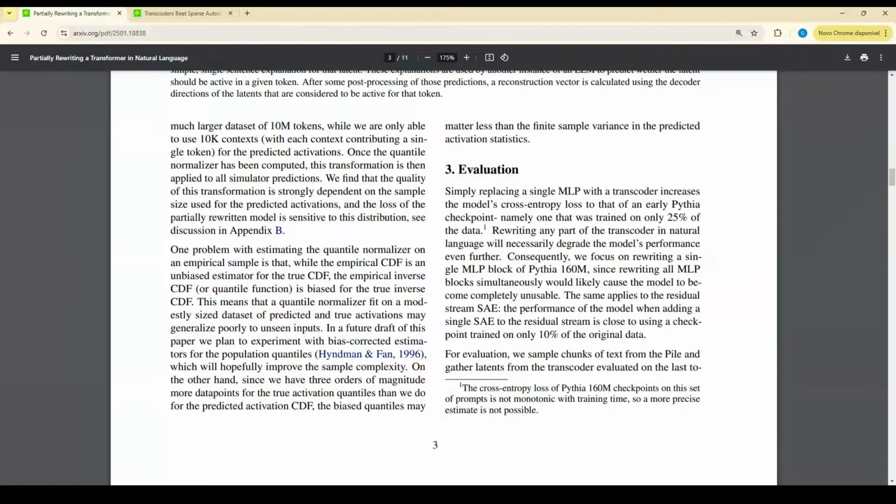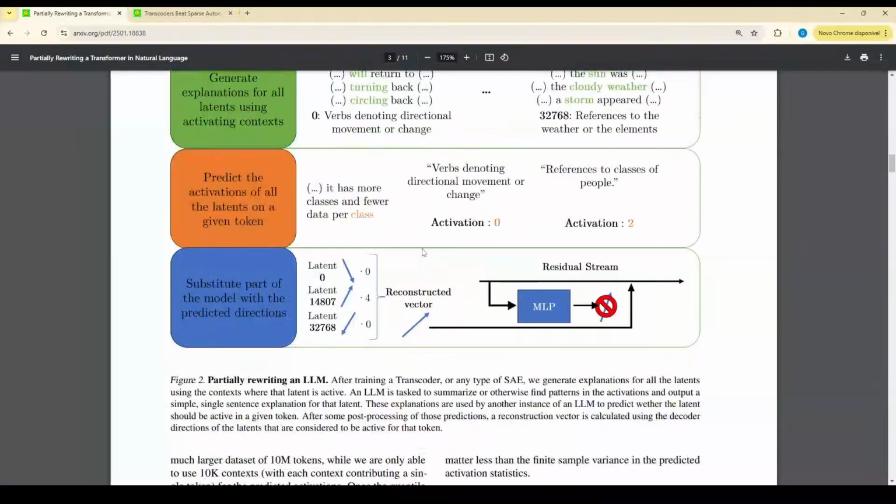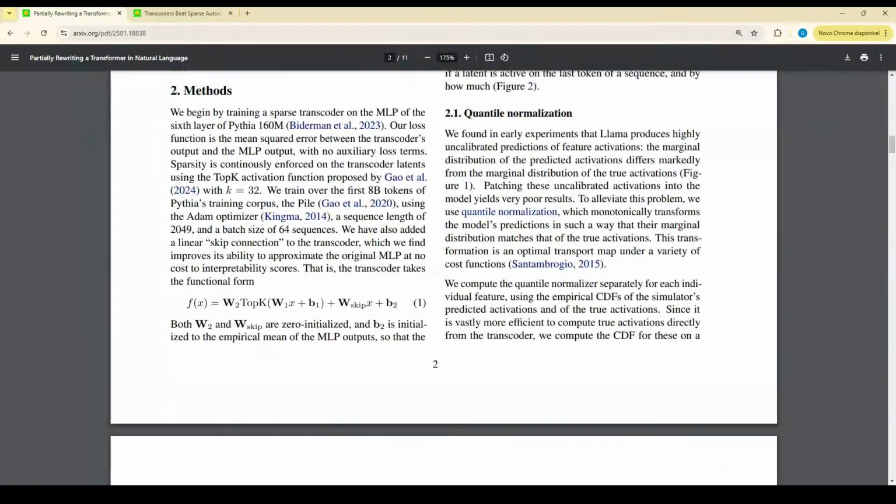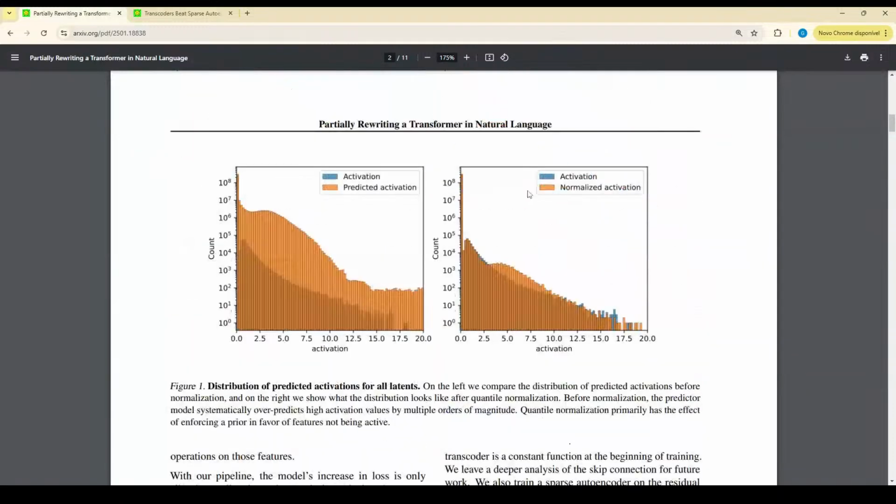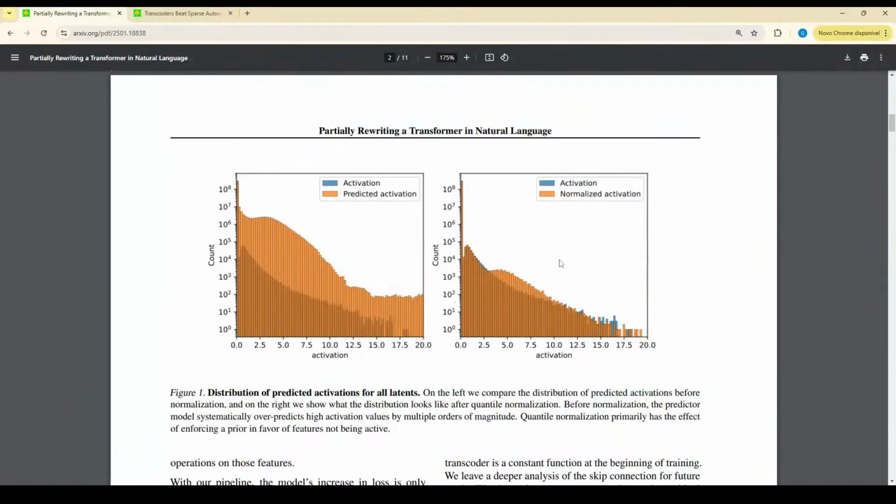We basically take the empirical cumulative distribution function of the activations, and the same for the predicted activations, and we do some operations such that at the end, we transform the predicted activations so that these two distributions match, which is what you see.